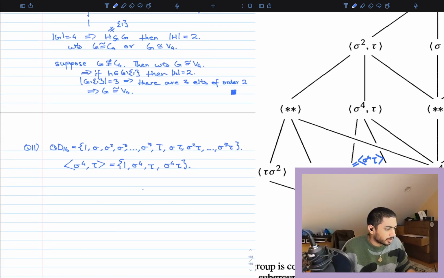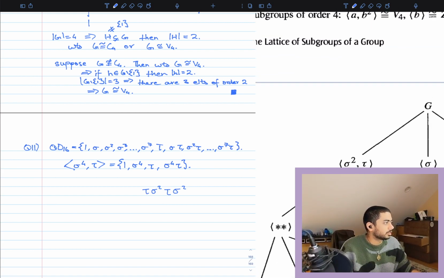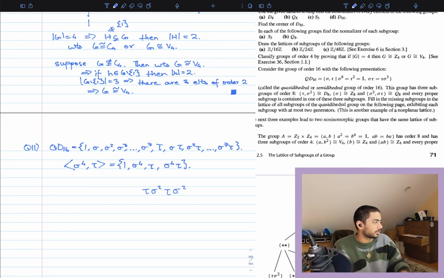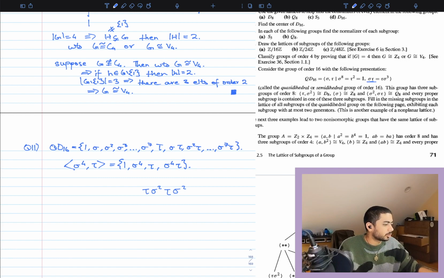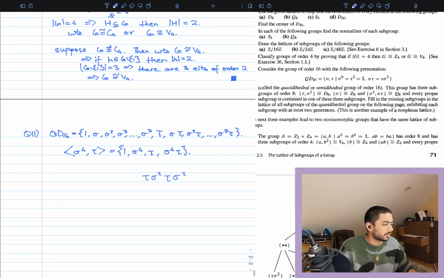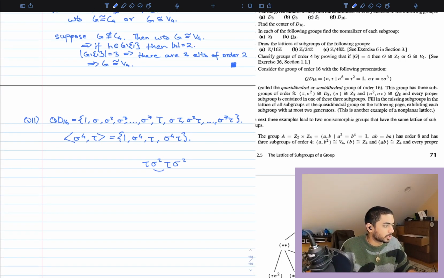Let's find out. So we've got tau sigma squared, tau sigma squared. And then in the group presentation, we were shown the cost of swapping a sigma with a tau. So let's see. We can swap these two a couple of times and essentially get tau squared, because this one comes here, and the 2 sigma squares move to the other side, each becoming a sigma cubed.